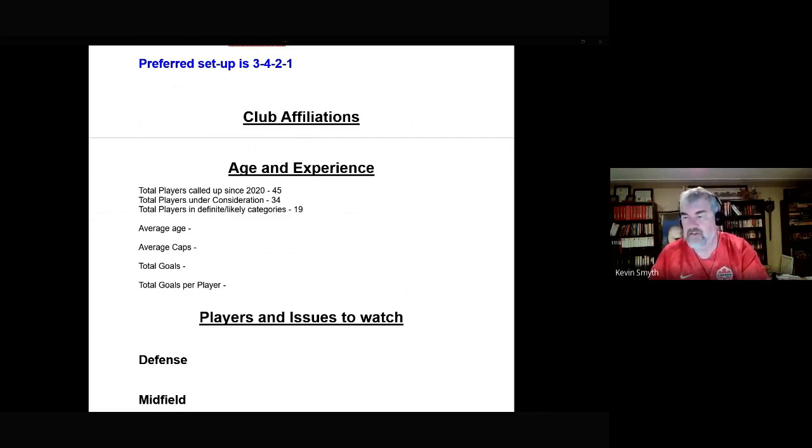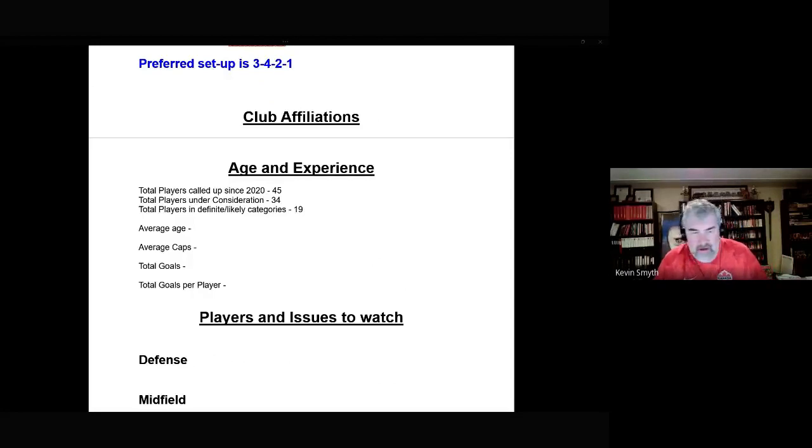So a pretty manageable situation for the Danish manager there. Some teams really have a headache in terms of selection. The actual number of definite or likely candidates is lower than average. 22 seems to be the average. But it looks like in central defense or among the forwards, for example, there are still a few decisions to be made.